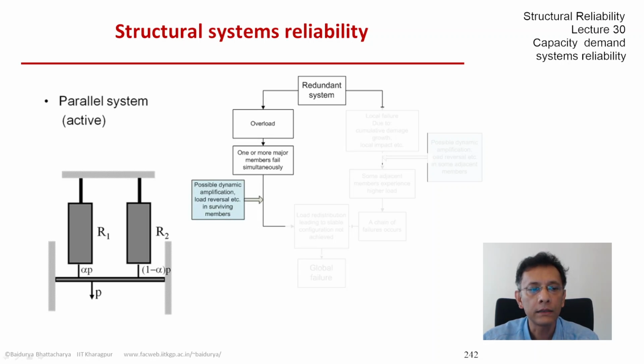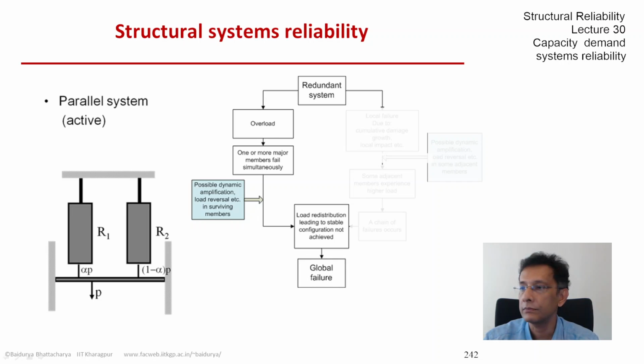And while that happens, it's possible that there could be dynamic amplification, there could be load reversals and such in the surviving members. And if it is not possible to reach a stable configuration after this massive damage with load redistribution among the surviving members, then we would have global failure.